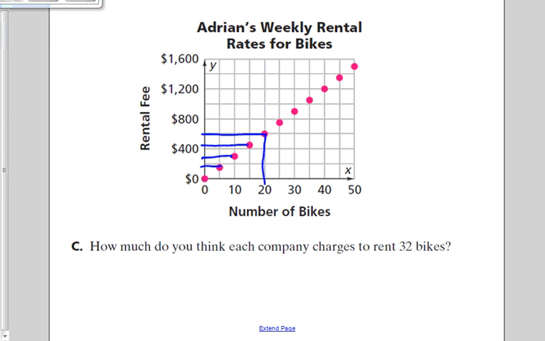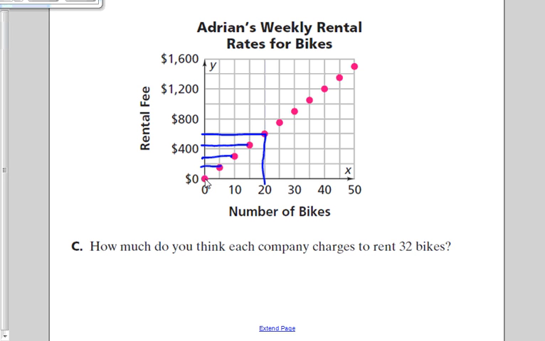Now that one is nice. This last one, the 20, looks like between 400 and 800, so that's going to be 600. That's a nice one that we should use to figure things out. This graph is in a linear relationship.